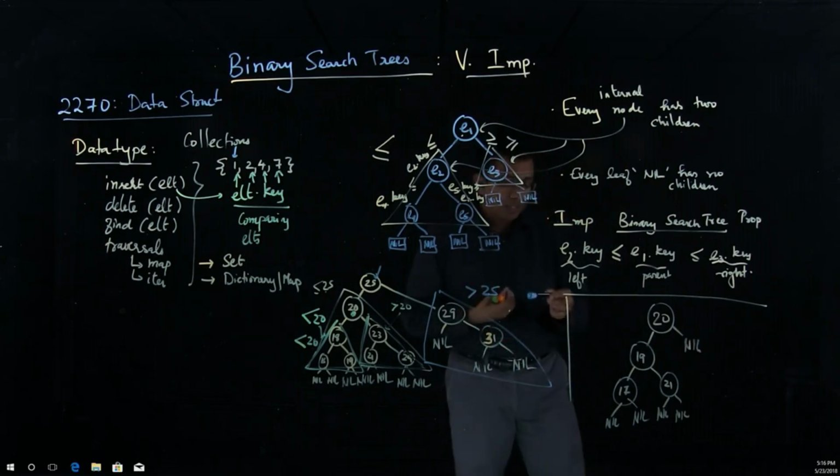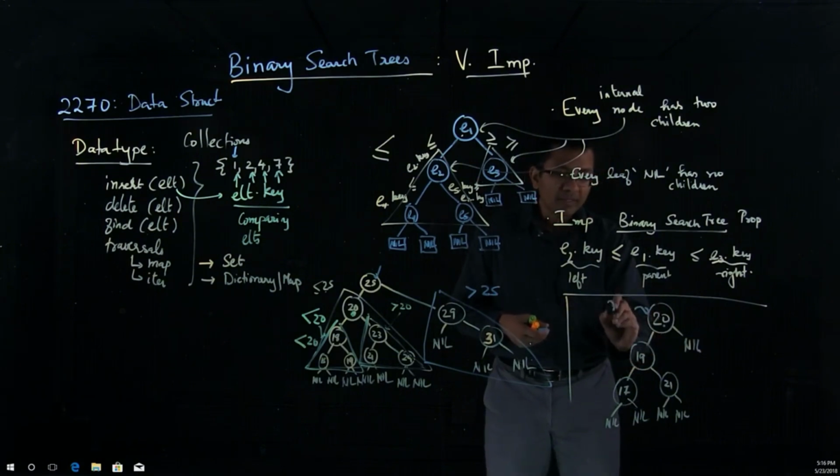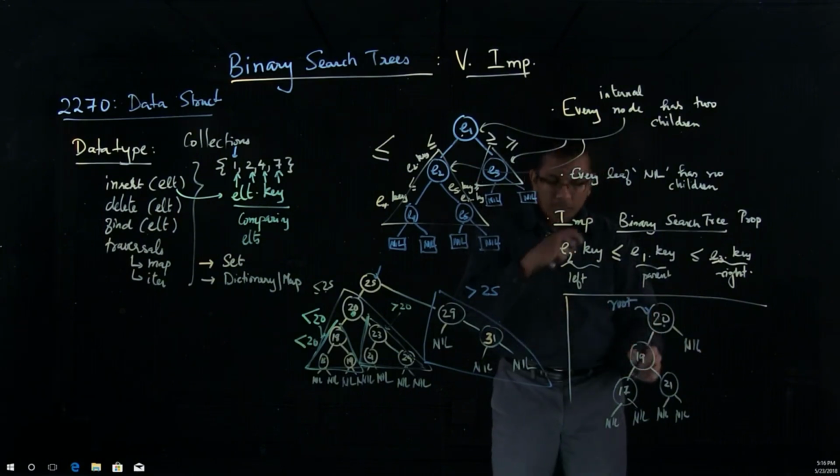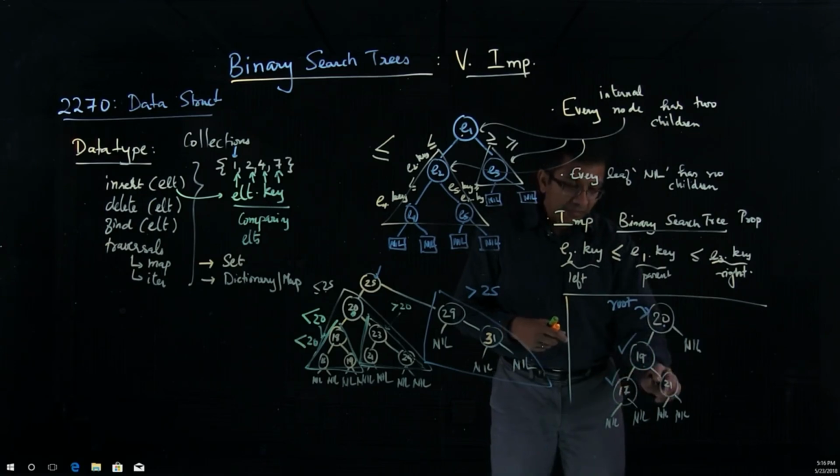In this example, 20 is the root node. By the way, this is called the root node. Its left child is 19, which is fine. 19's left child is 17, which is fine. The right child is 21, which is fine with regard to 19.